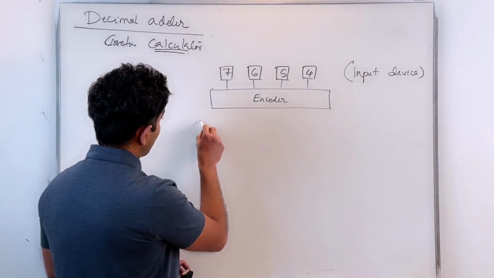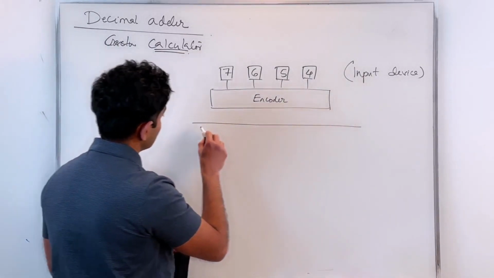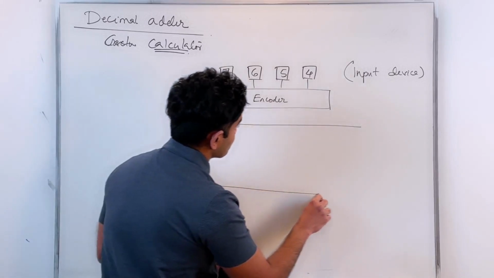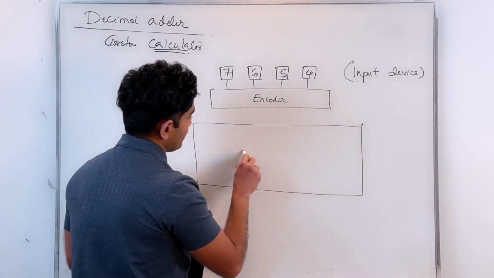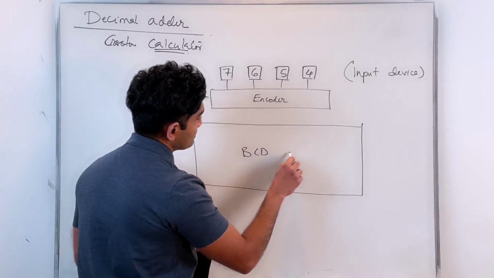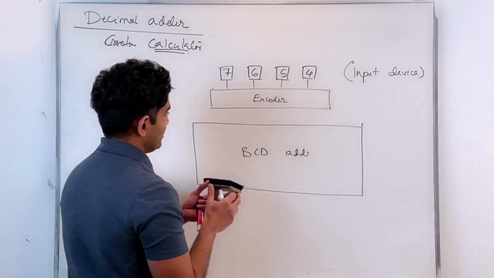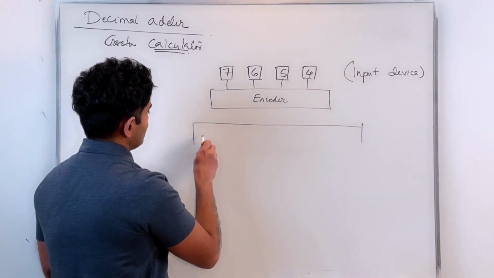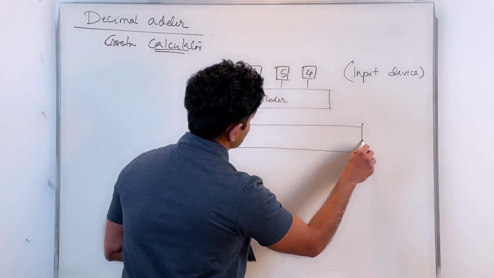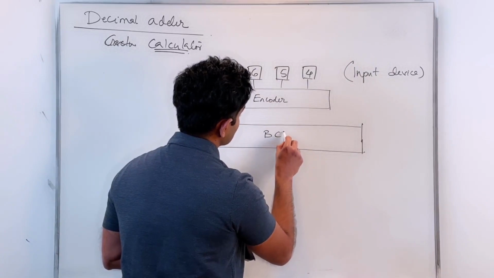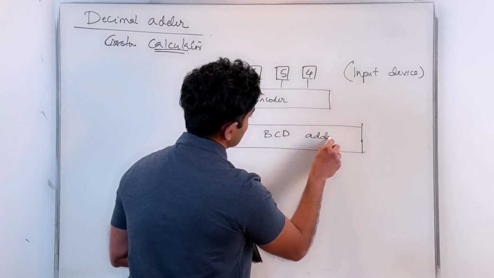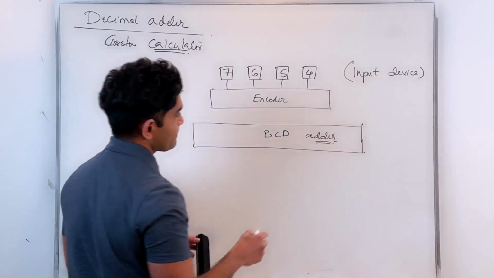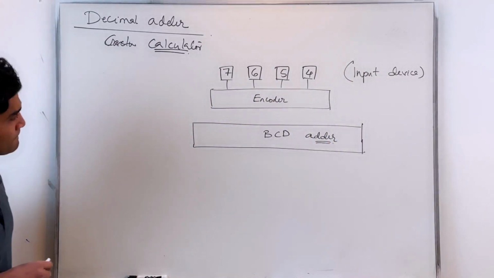Because again, your hardware itself that you're going to design, that's your BCD adder. Okay, I don't think we have enough space here. This is what you're going to design, a binary coded decimal adder.